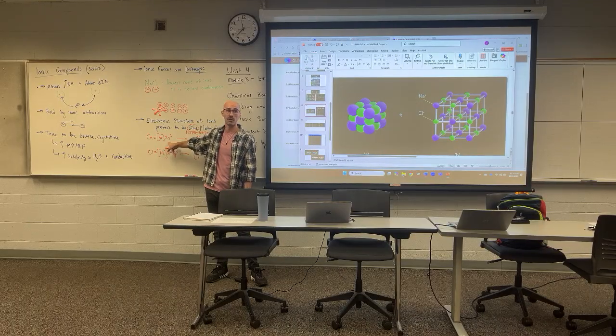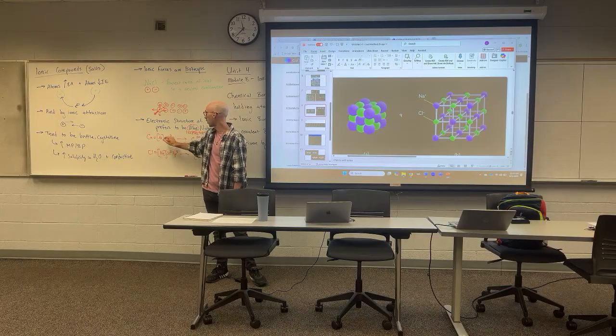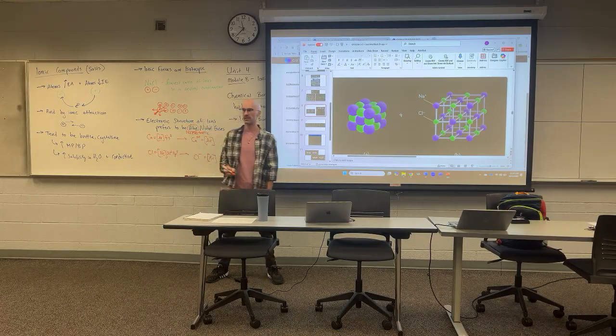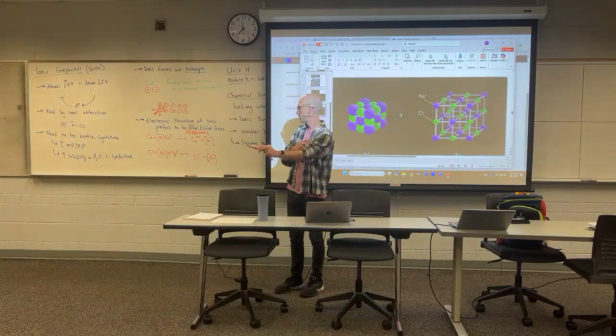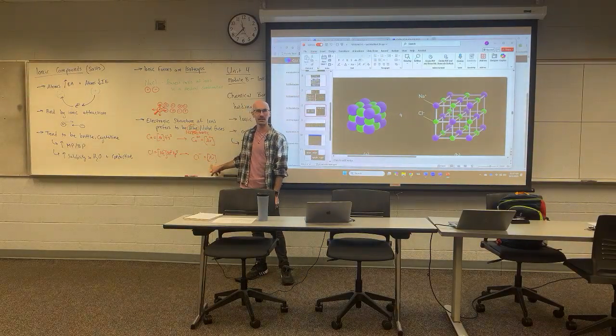Calcium is in the 4th row. It should not be 3s2. Calcium should be argon 4s2. When we make chlorine chloride, now it has an electron configuration equal to that of argon.